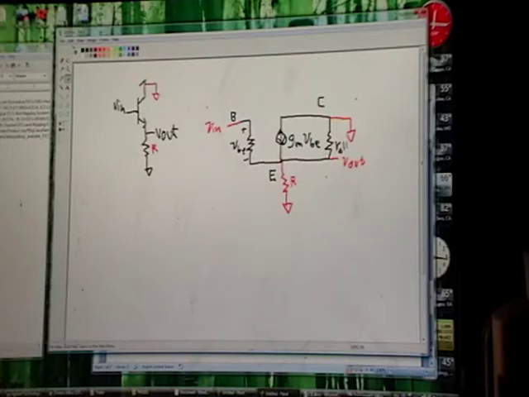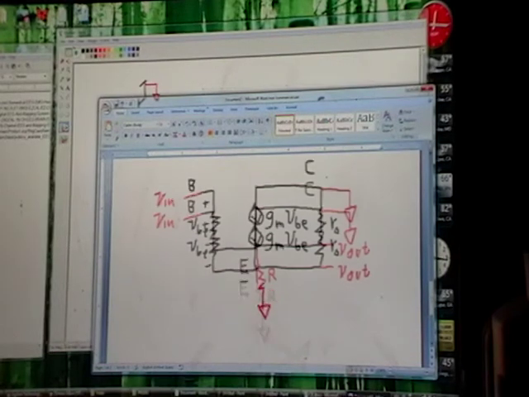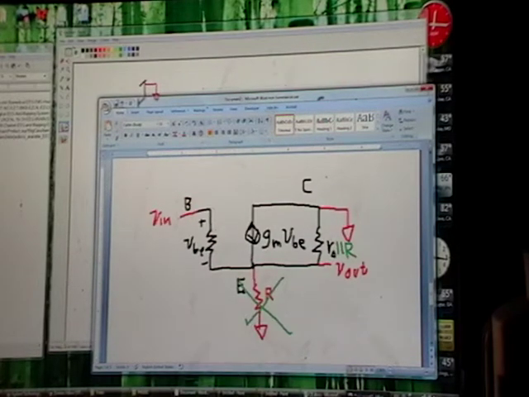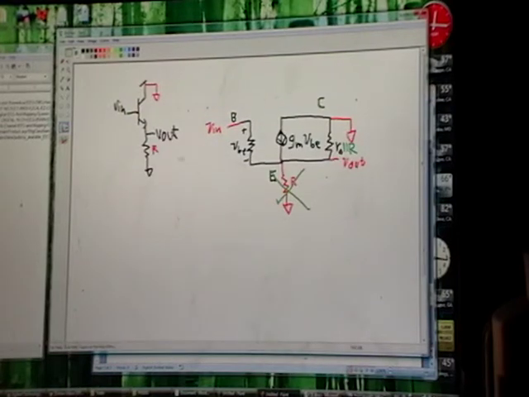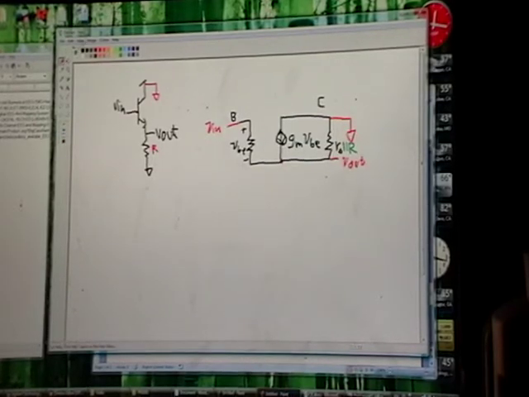This is in parallel with R, and now we can get rid of that. Get rid of some of the X's and all. And our resulting circuit is that.